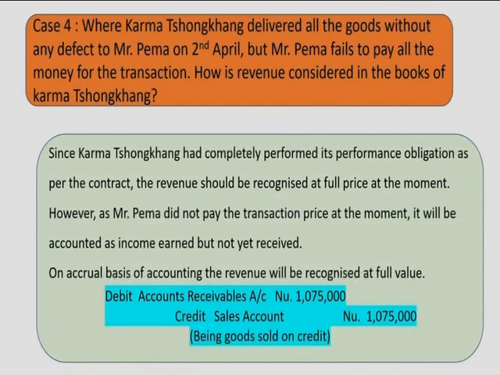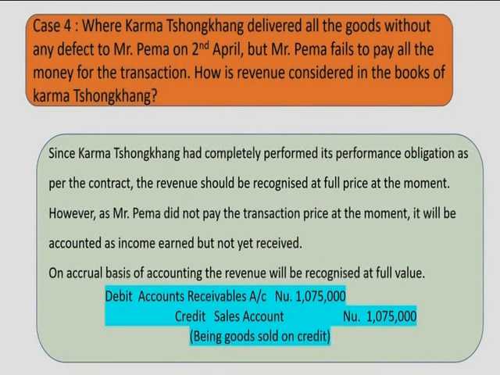Since Karma Hong Kong had completely performed its performance obligation as per the contract, the revenue should be recognized at full price at the moment. However, as Mr. Pema did not pay the transaction price at the moment, it will be accounted as income earned but not received.